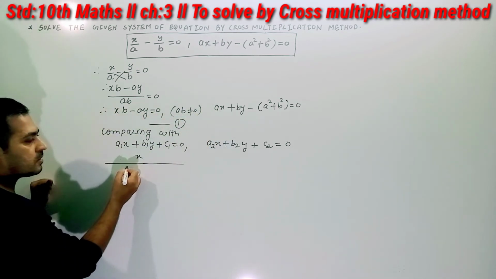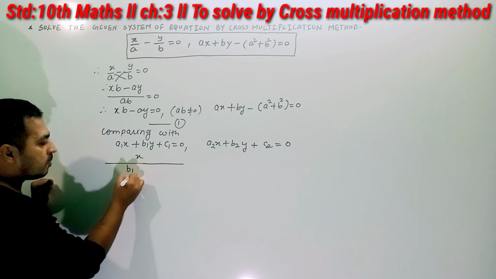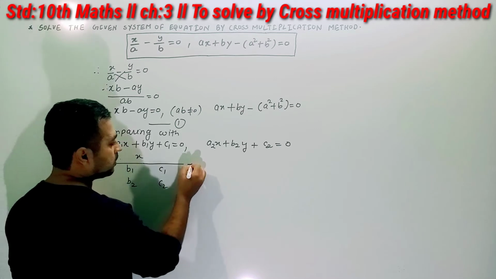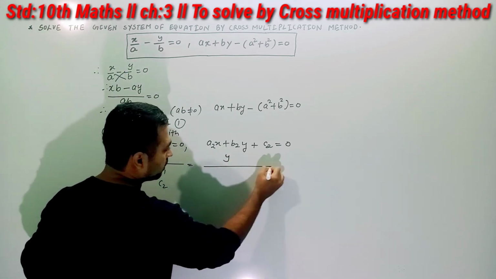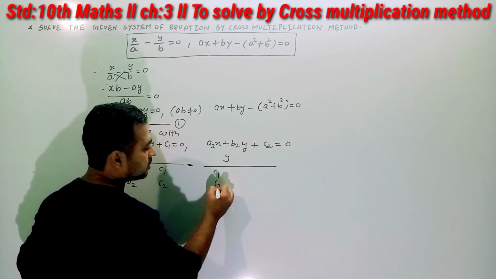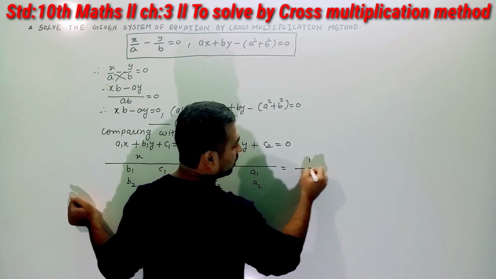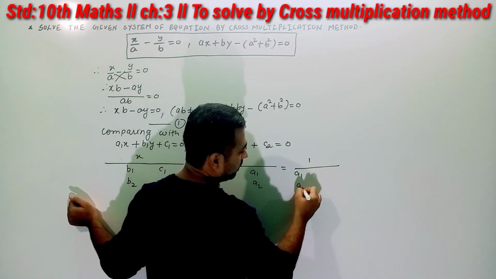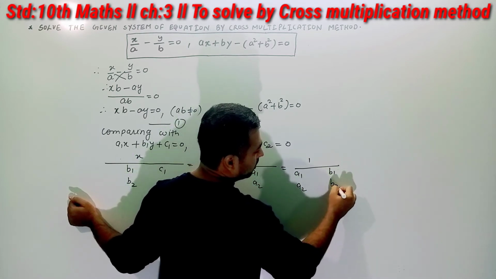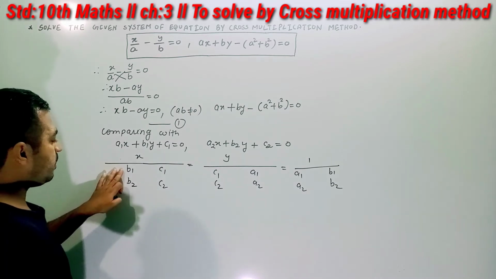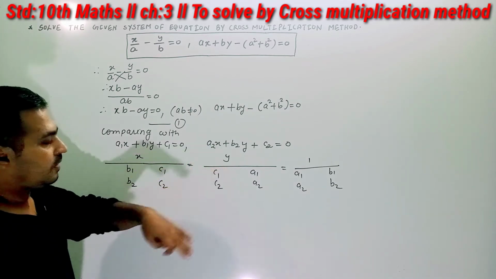The formula is x upon b1 b2 c1 c2, y upon c1 c2 a1 a2, equal to 1 upon a1 a2 b1 b2. Now we will substitute the values of a1, b1, c1, a2, b2 and c2.